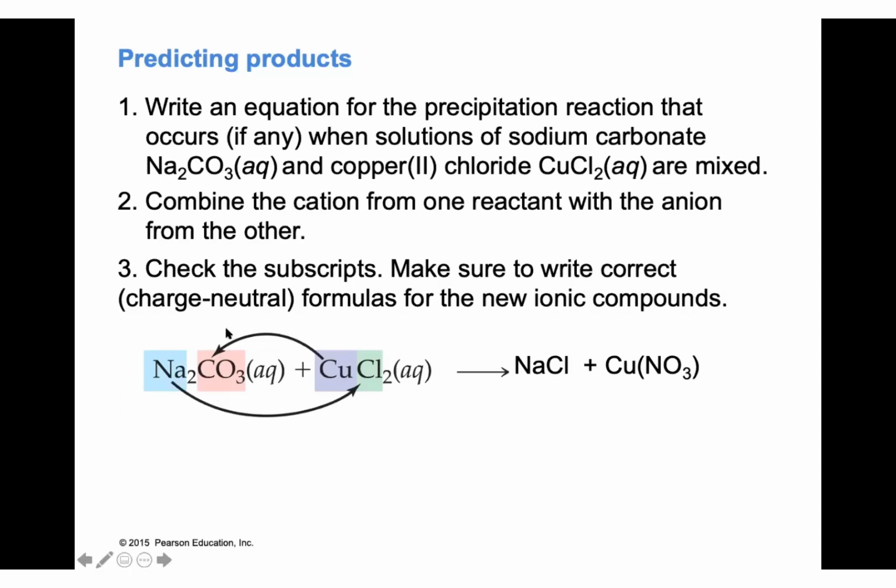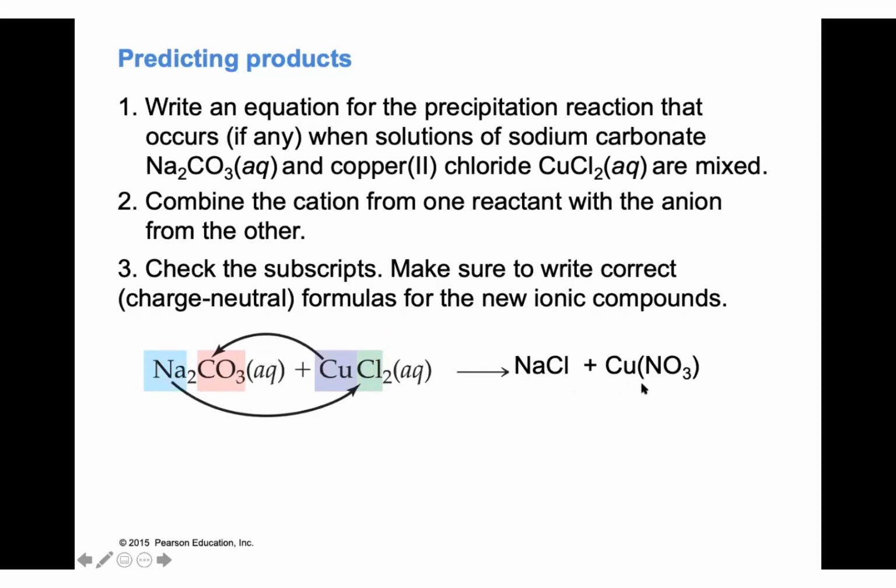Okay, guys, make sure if you move the carbonate or polyatomic ion, all of it moves, because we said before, polyatomic ions are never separated from each other. Okay, so now let's check the subscript. Na is +1, chlorine is -1. So that's the correct one because positive and negative cancel out.